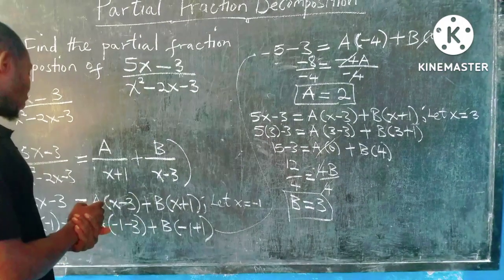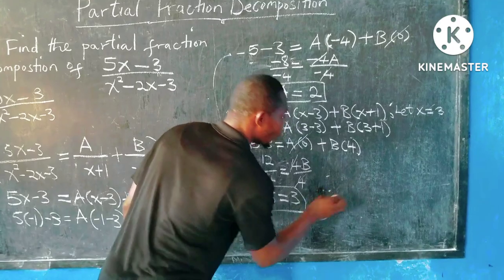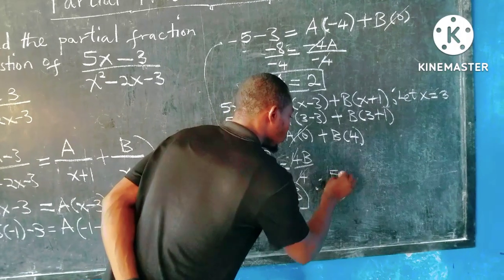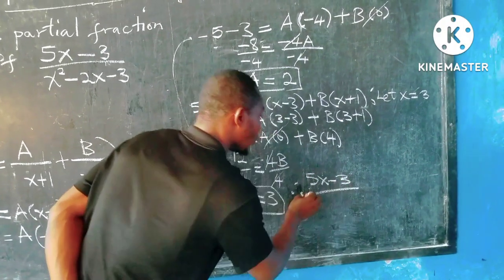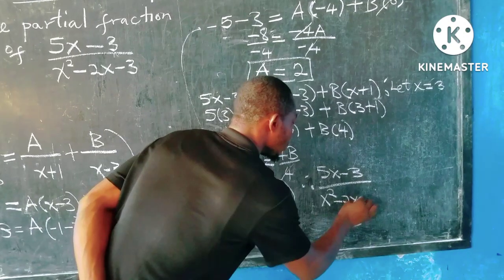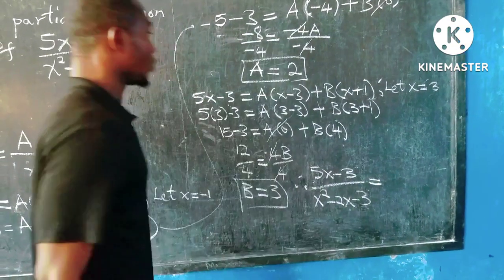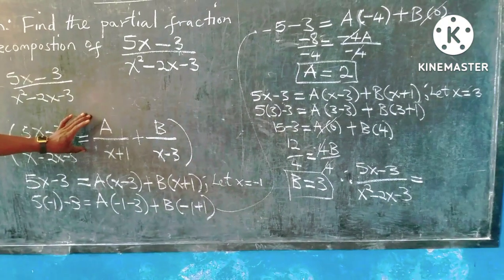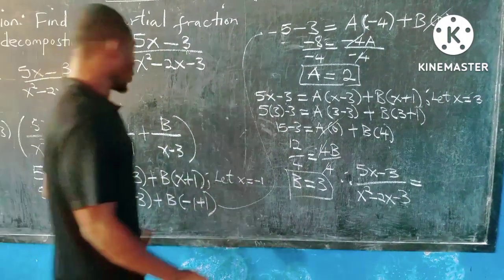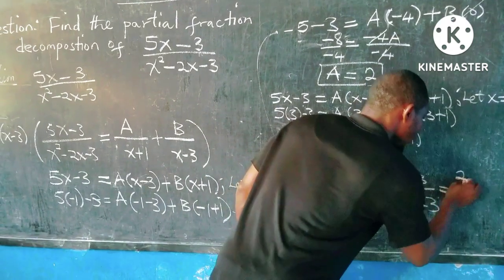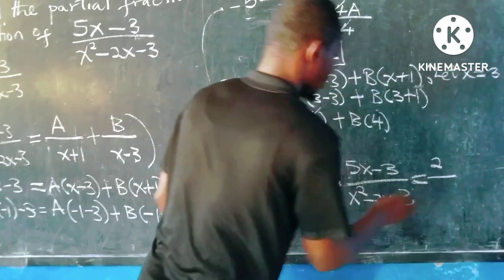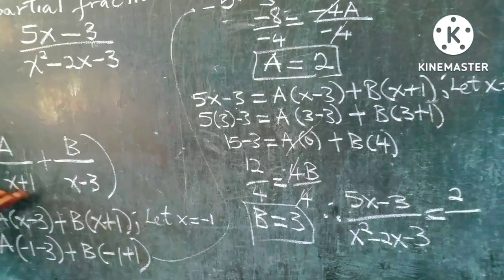Now we are about to find the partial fraction decomposition. Therefore, the fraction 3x minus 3 all divided by x squared minus 2x minus 3 will be equal to, now it is in this form, we get the values of A and B. A is positive 2, so it will be 2 divided by x plus 1.